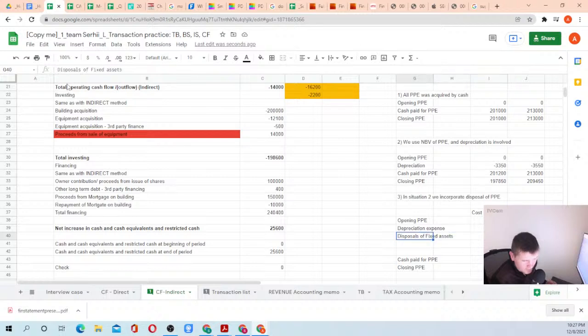So I disposed of a cost, and whatever is left was cash paid. How do I have 12,100 here? Let me see.